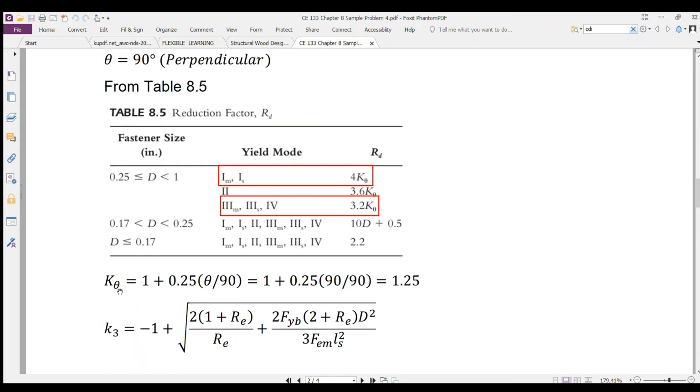So K sub theta will be equal to, using the formula from the slides, 1 plus 0.25 multiplied by theta over 90, which will yield a value of 1.25.